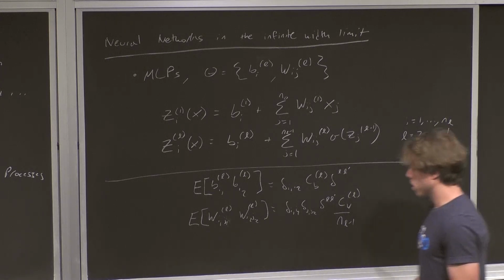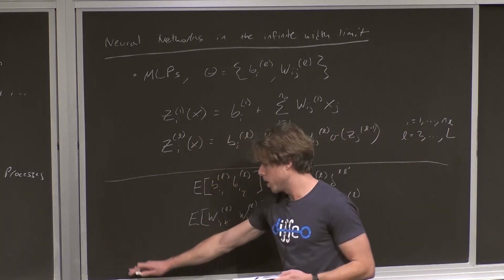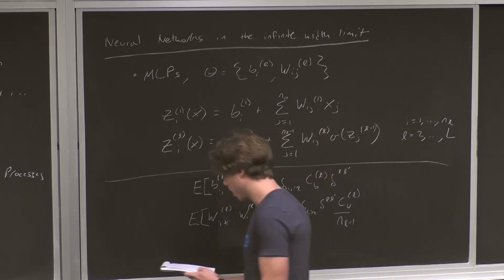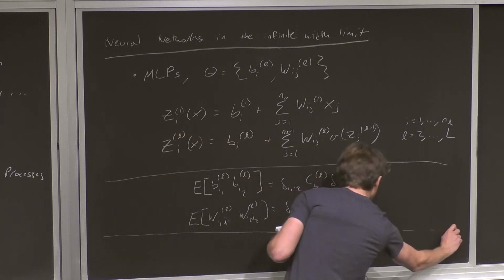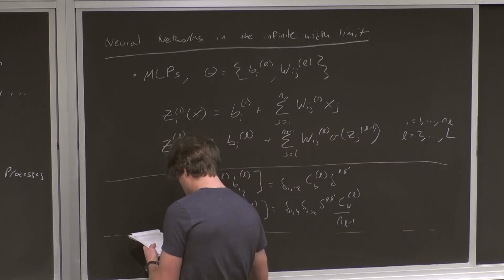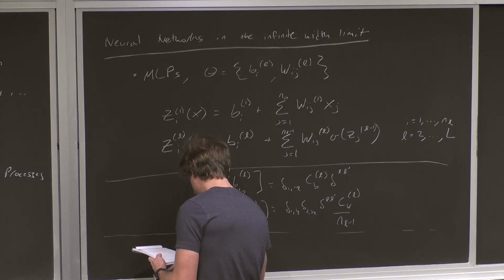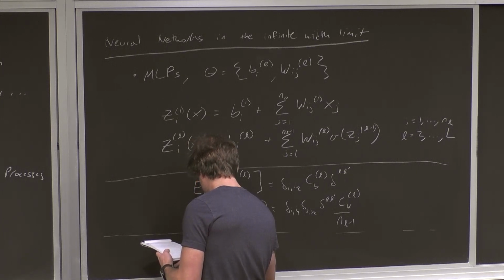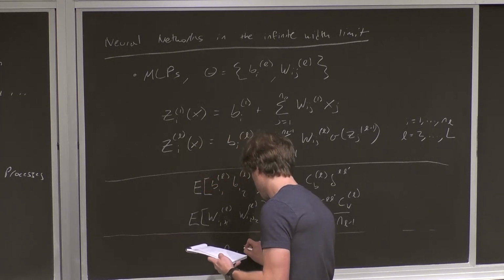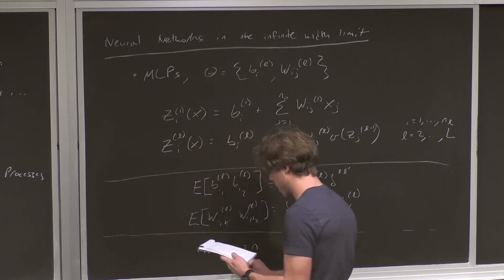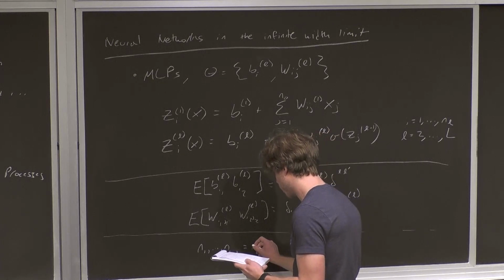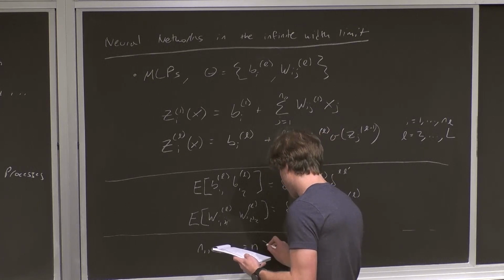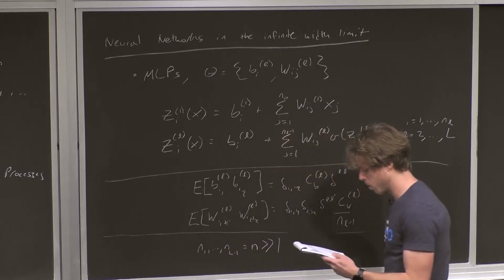So the large n limit, can everybody see if I write down here? It's good? Okay, so the large n limit is going to be defined where we're going to let n1 to nL minus 1, capital L minus 1, equal some n. For convenience, I don't actually have to do this, but it simplifies notation for this talk, and that's going to be much greater than 1.